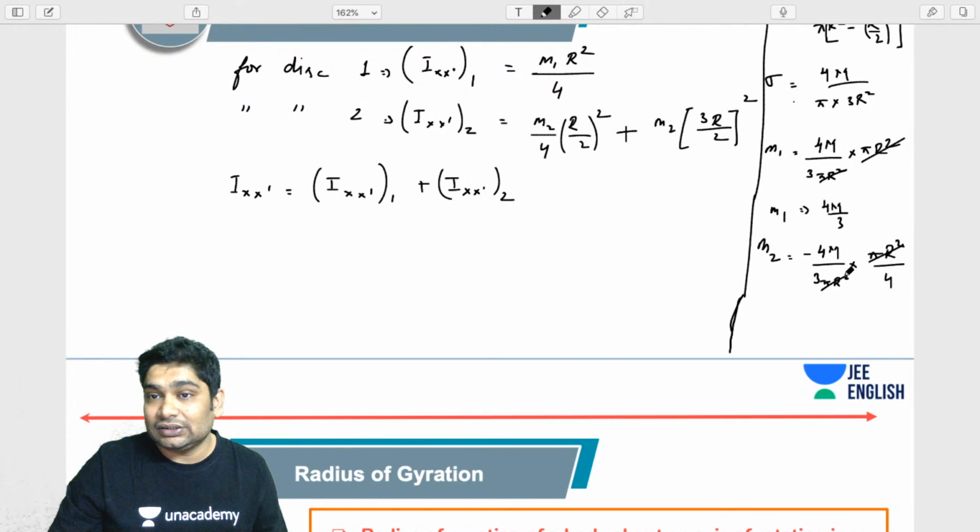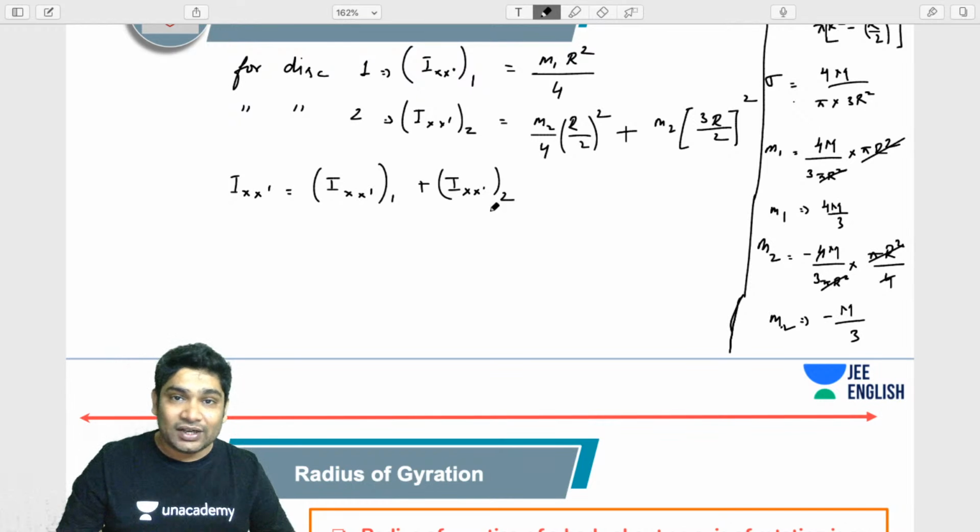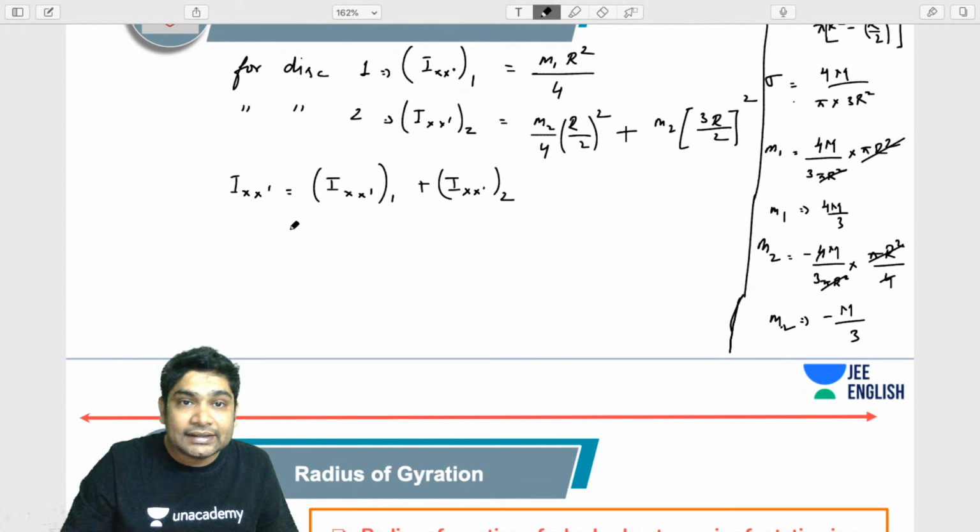So this and this go, and I have minus m by 3. This is my M2. Do you guys follow this? How I got these? So once I have this, all I need to do is substitute these here. Let's see what our answer comes out to be.